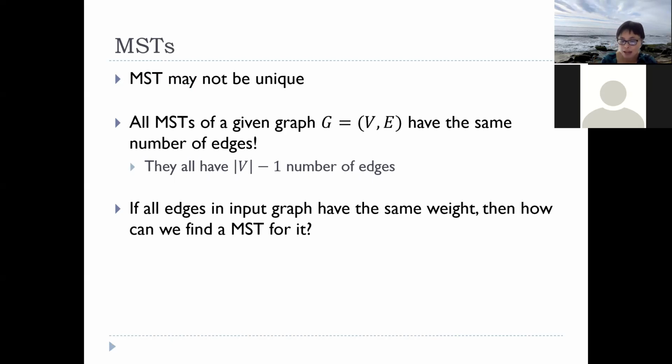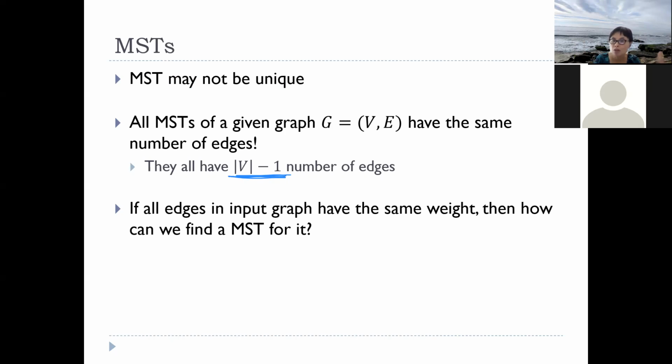Note that any spanning tree has to have V minus 1 edges. If all the edges have the same weight, let's say 1, then all the spanning trees have weight V minus 1. That means any spanning tree would be a minimal spanning tree if your graph has equal edge weights.